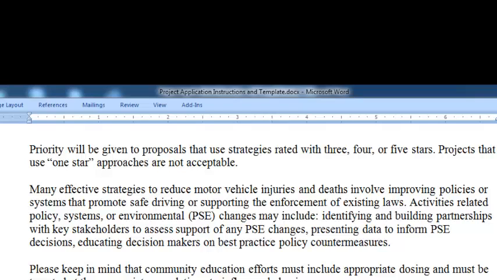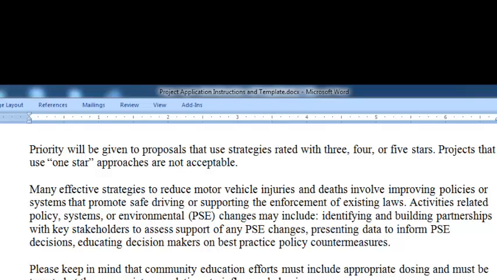What they said is it's acceptable as long as your 1-star activity is accompanied by one of the other higher star ratings. So you may have something in your proposal that has a strategy in the 1-star category, but you're also doing work at the 3-star, 4-star, or 5-star category as well. So it's more of a supplement than a standalone project.